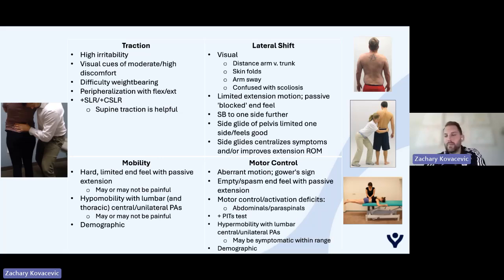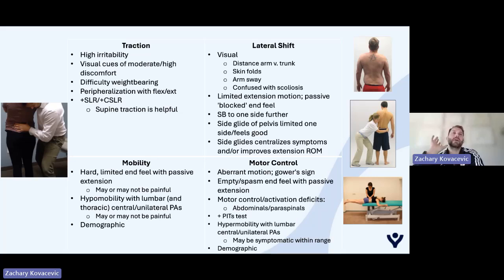And the lateral shift is commonly confused with scoliosis, right? One of many ways you can differentiate between the two is that with scoliosis, you're going to have that rib hump on one side when you flex, but then when you extend, you're going to bias the other side. So the individual may flex and bias the right side.